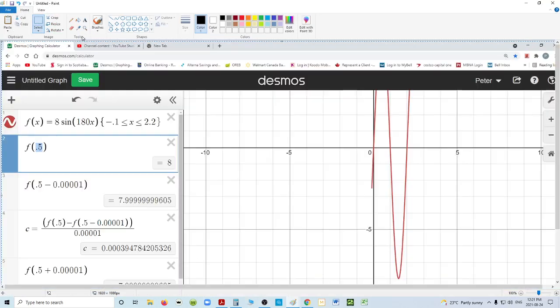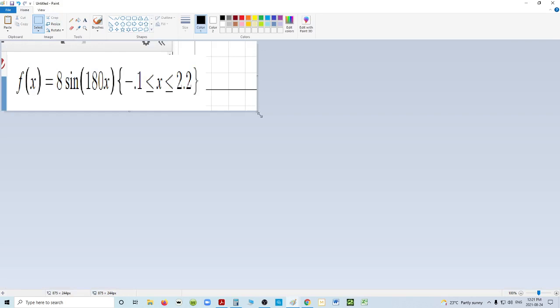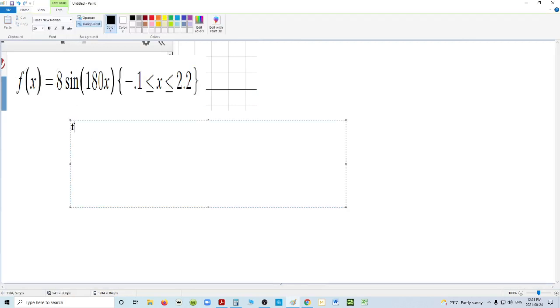If you have the formula and you're trying to confirm without seeing the graph that you want to find the f of x value when t is 1.5, you simply take 8 sine 180 times, what was our t value? 1.5. And there's no other values. Our 1.5 represents our x, which means our f of 1.5 is equal to 8 sine.